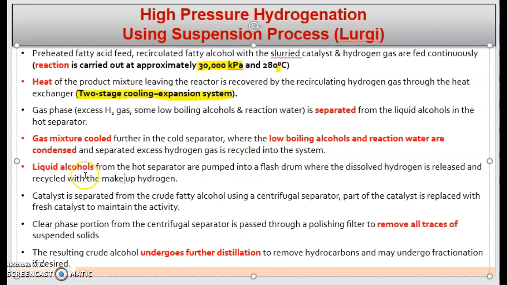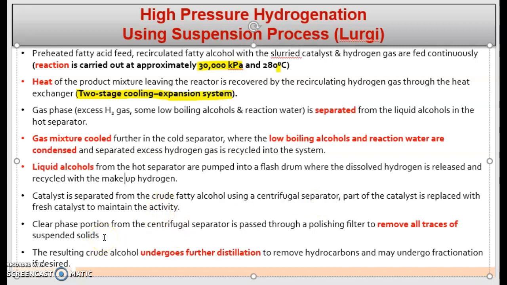Okay, so the liquid alcohol from the hot separator is then pumped into the flash drum, where the dissolved hydrogen is released and recycled with makeup hydrogen. Then the catalyst is separated from the crude fatty alcohol using a centrifugal separator, where the separation is based on density. Part of the catalyst is replaced with fresh catalyst to maintain its activity.